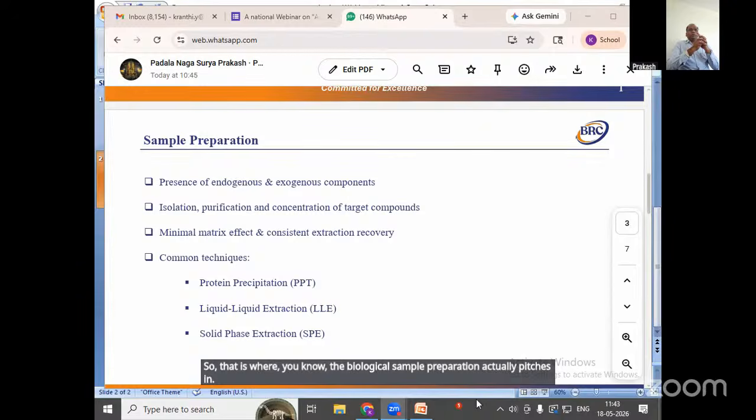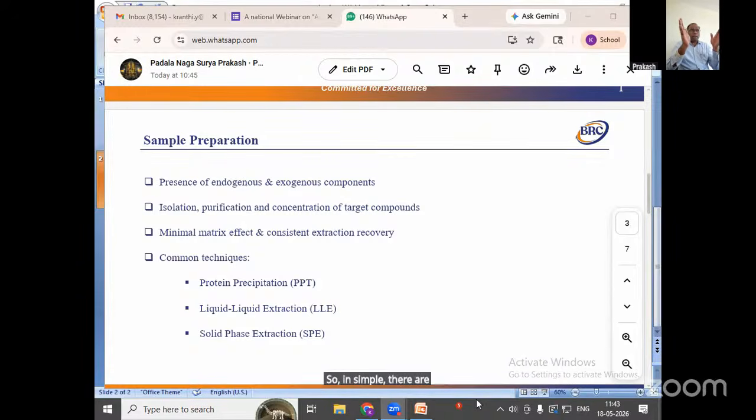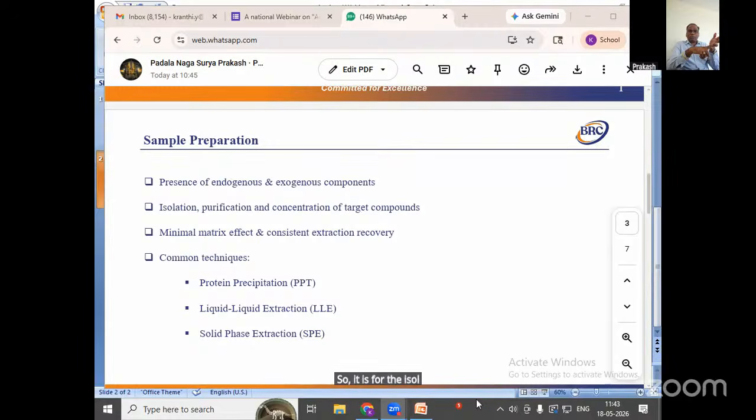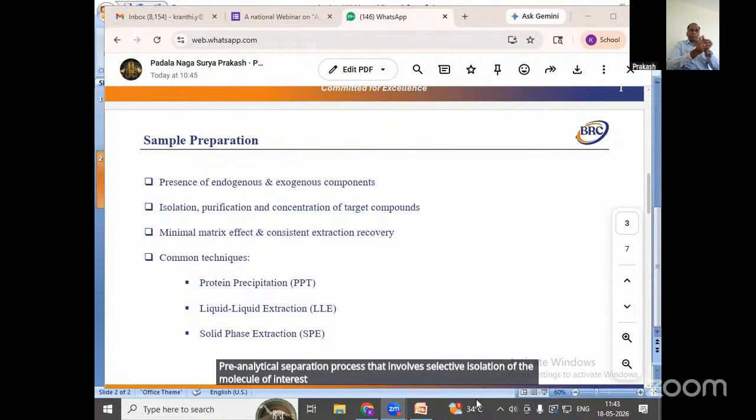In simple terms, there are three reasons why sample preparation is required: isolation, purification, and concentration. This reinforces that sample preparation is a pre-analytical separation process that involves selective isolation of the molecule of interest from the biological material, because the biological material is found to be bound to proteins or several other endogenous compounds that I referred to.